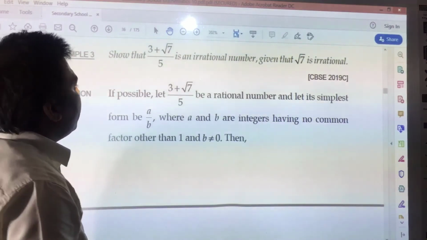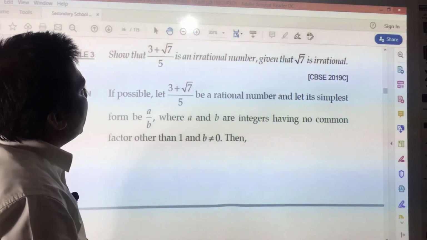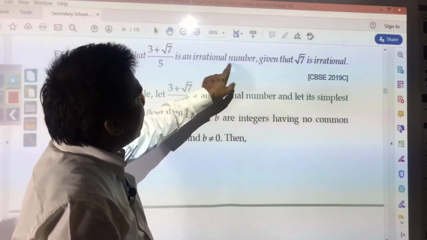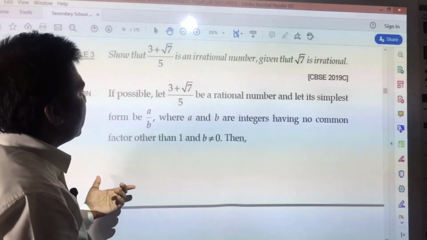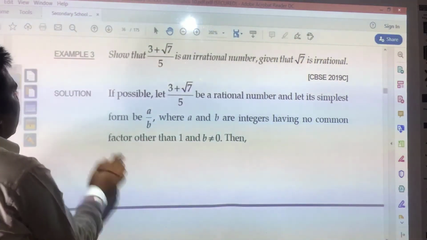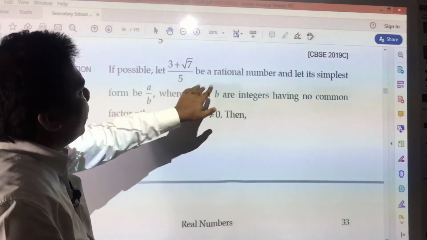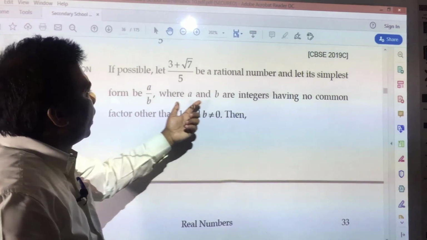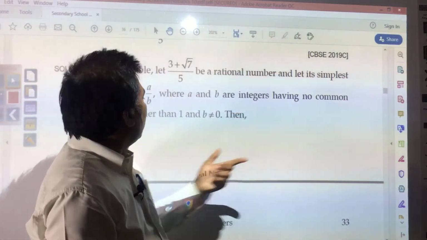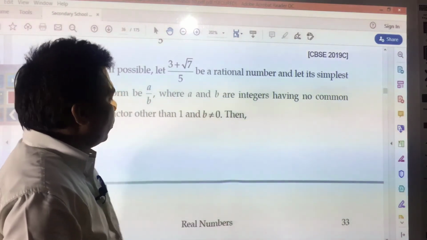Next example you see, show that 3 plus root 7 is an irrational number given that root 7 is irrational. In the same way, this is also required to be proved. If possible, let this number, 3 plus root 7 by 5, be a rational number, and let its simplest form be a by b, where a and b are integers having no common factor other than 1 and b is not equal to 0.